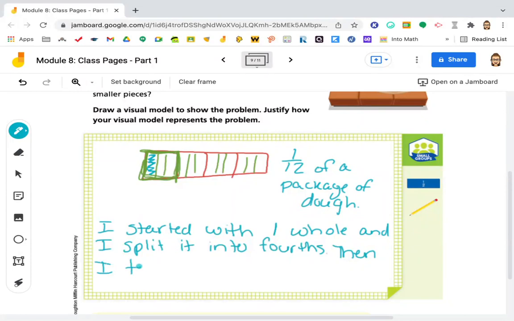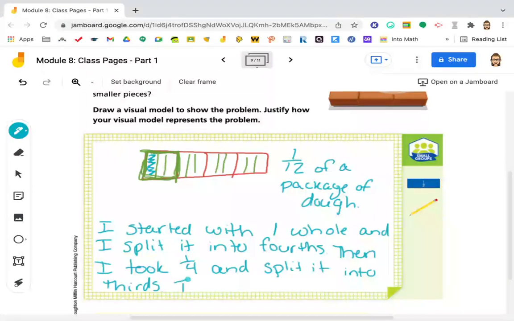Then I took 1/4 and split it into thirds. This gives me 1/12 pieces.